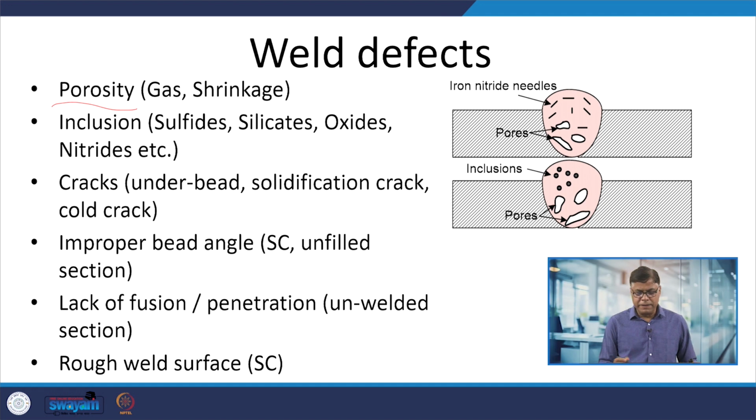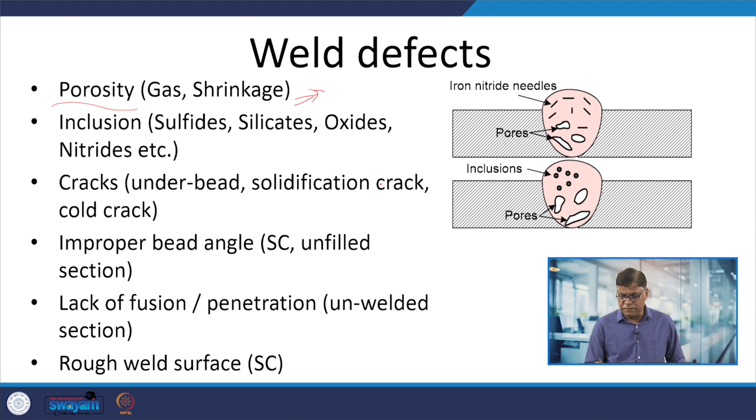Porosity is primarily caused by improper cleaning of the base metal, moisture in the electrode which is being used, or improper shielding of the weld zone during welding. So, if the welding is not done properly, cleaning is not done properly, surface preparation is not done properly, then it will lead to porosity.